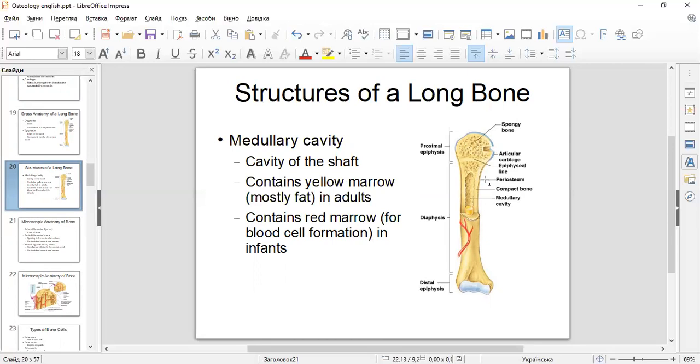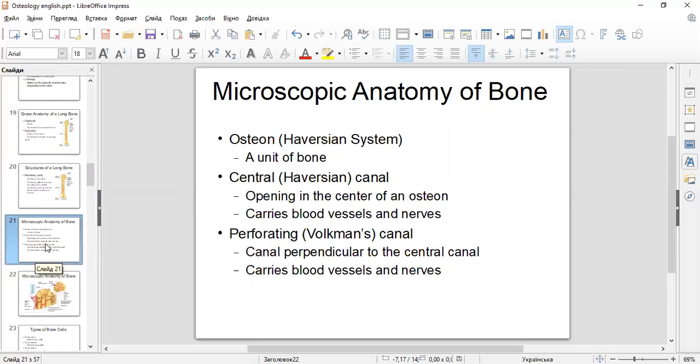Medullary cavity, the cavity of the shaft, contains yellow marrow, mostly fat in adults. It contains red marrow for blood cell formation in infants. Microscopic anatomy of bone.